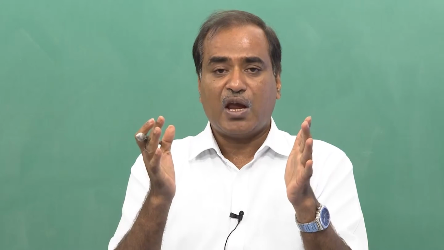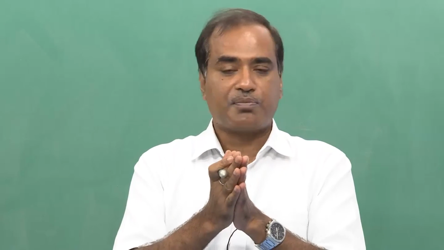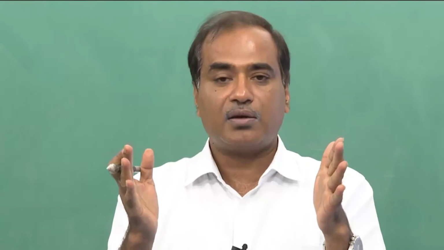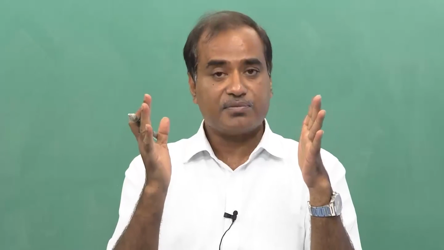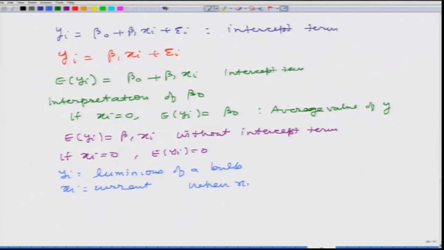But if I put no current, the bulb will not glow and the luminance will be 0. So, in this case, when xi is equal to 0, the average value of yi is always 0. So, I would like to have a model without an intercept term.